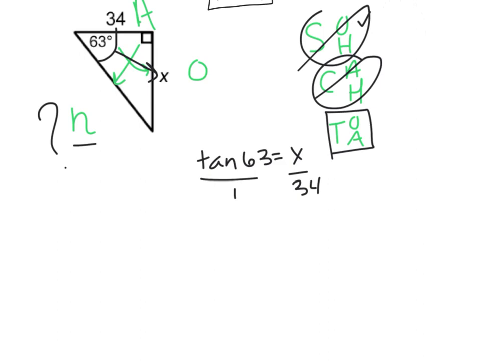So I cross multiply and I get x equals, because 1 times x is just x, equals 34 tan 63. Again, you just type this into your calculator. And I'm going to get 66.7.